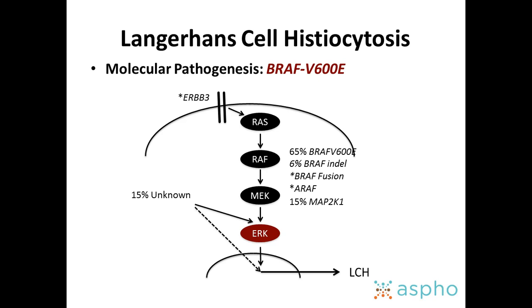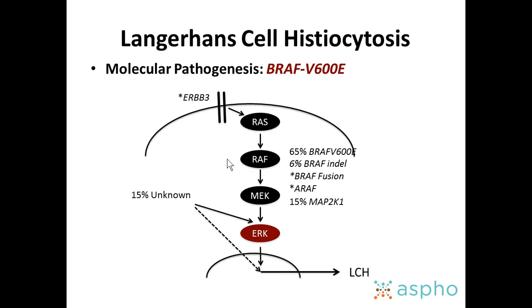And what we know now is that, and I think Mark Fleming's here, he's one of the people who really helped define BRAF as one of the first somatic mutations identified in LCH, along with Barrett Rollins' group at Boston Children's. So, to revisit this pathway that keeps showing up, you've got RAS, RAF, MEK, ERK. You get a signal from that side of the cell that says, grow or move or do something.